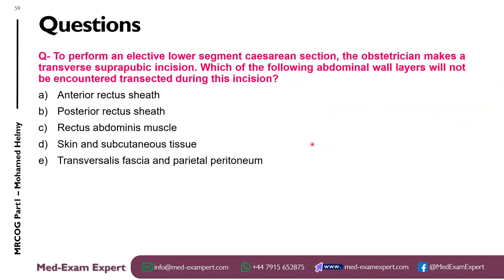To perform an elective lower segment cesarean section, the obstetrician makes a transverse suprapubic incision.